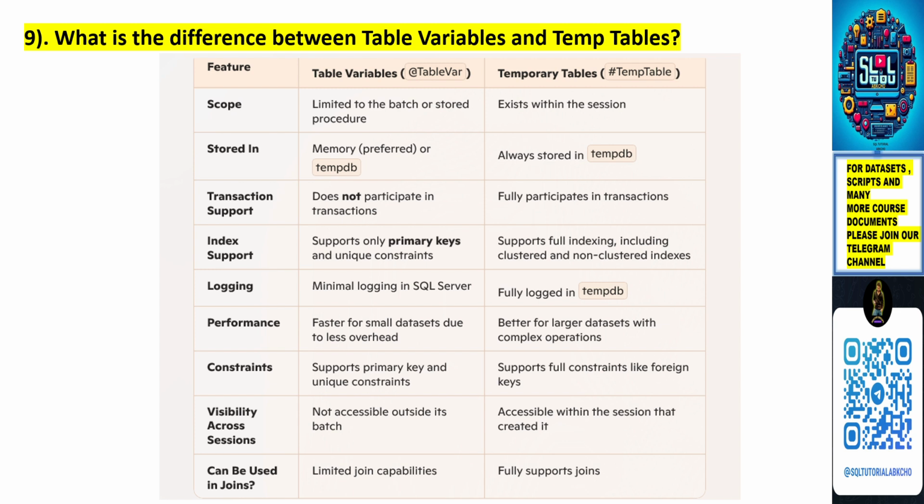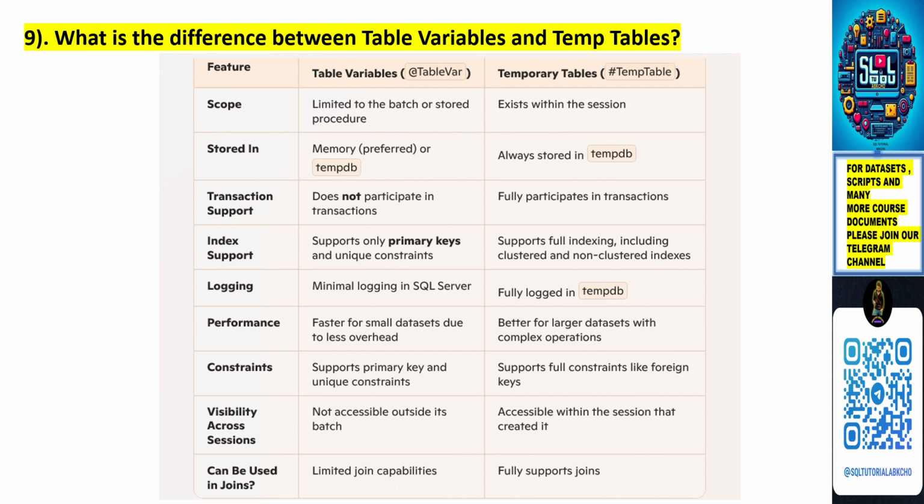According to scope, a table variable is limited to the batch or stored procedure, whereas a temporary table exists within the session. Stored in: a table variable is stored in memory preferred or tempdb, whereas a temporary table is always stored in tempdb. According to transaction support, a table variable does not participate in transactions, whereas a temporary table fully participates in transactions.